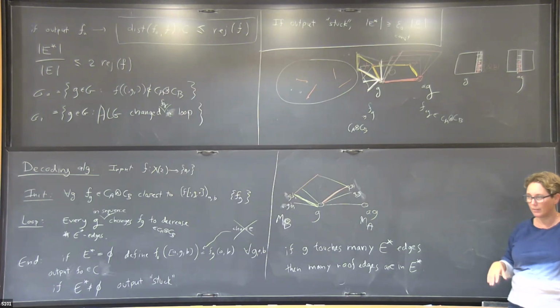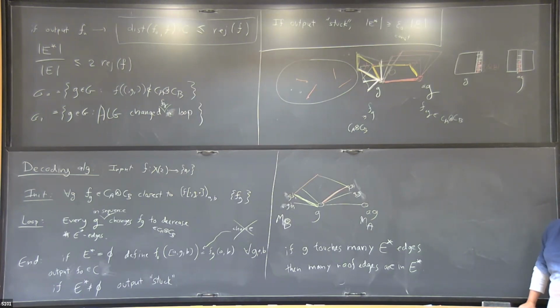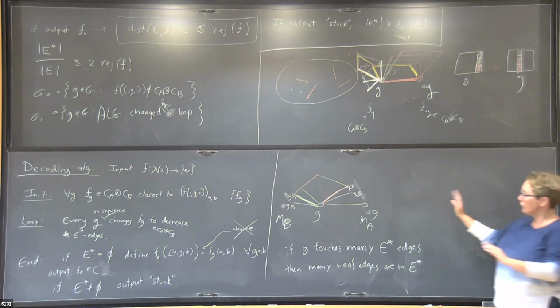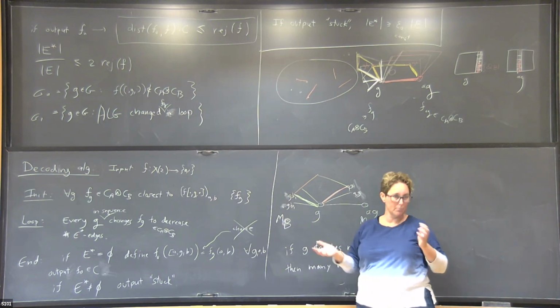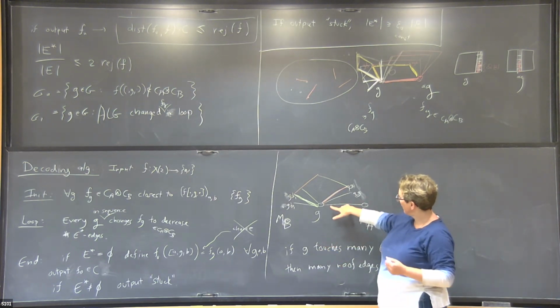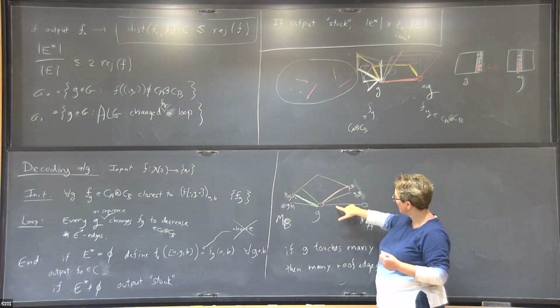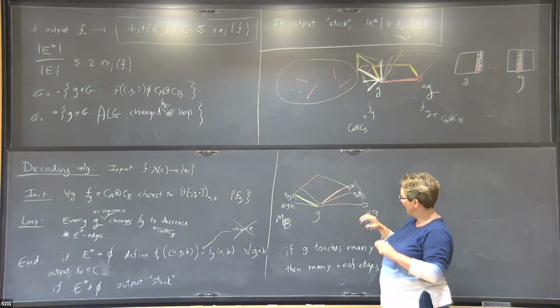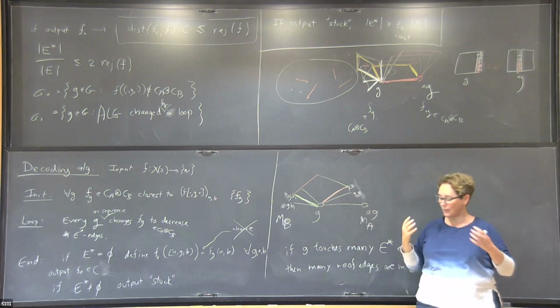The expansion of this new graph follows from the expansion of the components, the Cayley graphs. As we said, this random walk has two components.